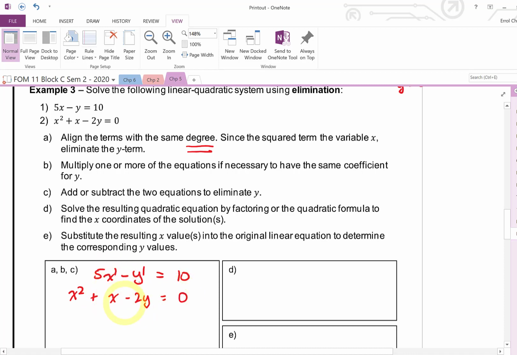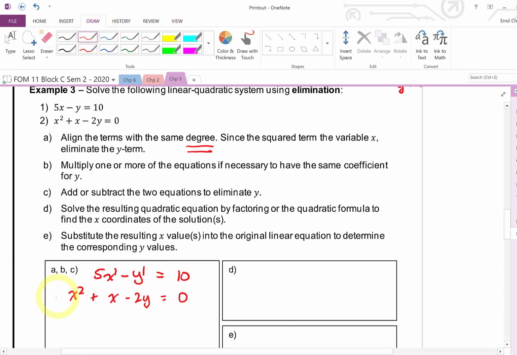So again, we line up the ones with the same degree, but you have to get rid of the y's. Okay? You have to eliminate the y's. And the only way to do that is we're going to multiply equation number 1 by a negative 2. The reason we do that is, of course, then this will be a positive 2y, that'll be a negative 2y.